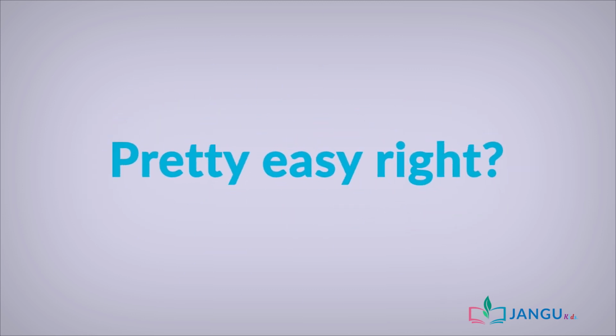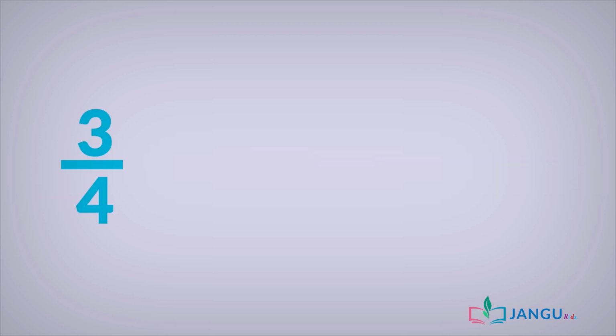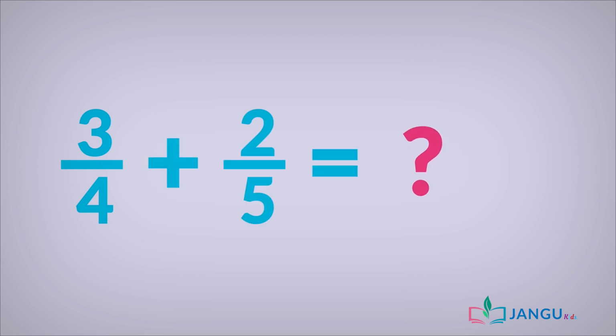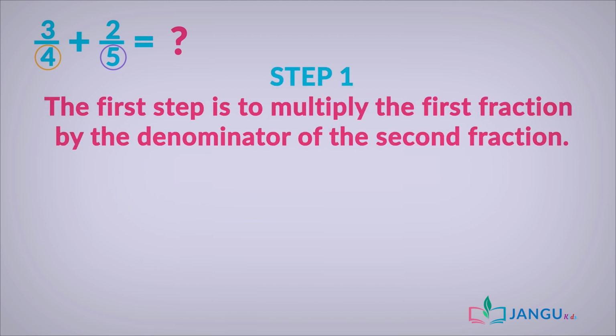Pretty easy, right? However, some fractions like 3/2, 1/5, etc. do not have common denominators. For instance, what is 3/4 plus 2/5? From the question, we can see that the denominators are different. The first step is to multiply the first fraction by the denominator of the second fraction.